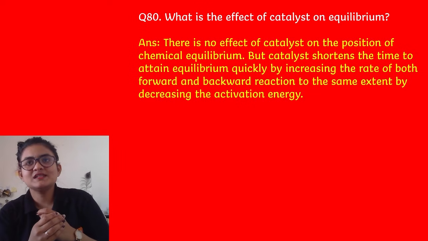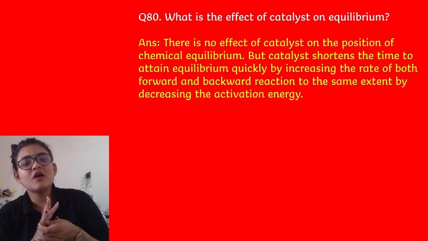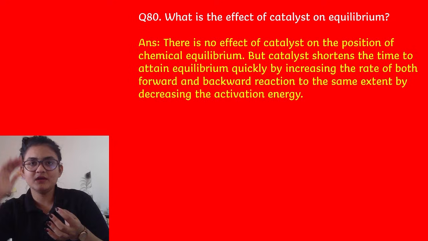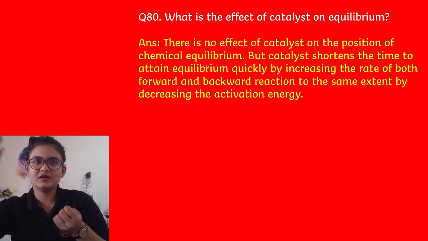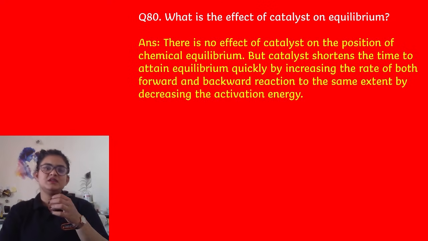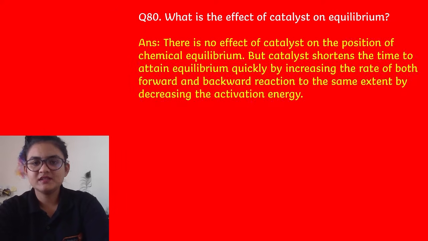So as a result of this, there is no such effect. But whenever equilibrium is not attained, at that time catalyst will try to make the equilibrium occur, to achieve the equilibrium at a faster rate. Okay, so let's proceed.